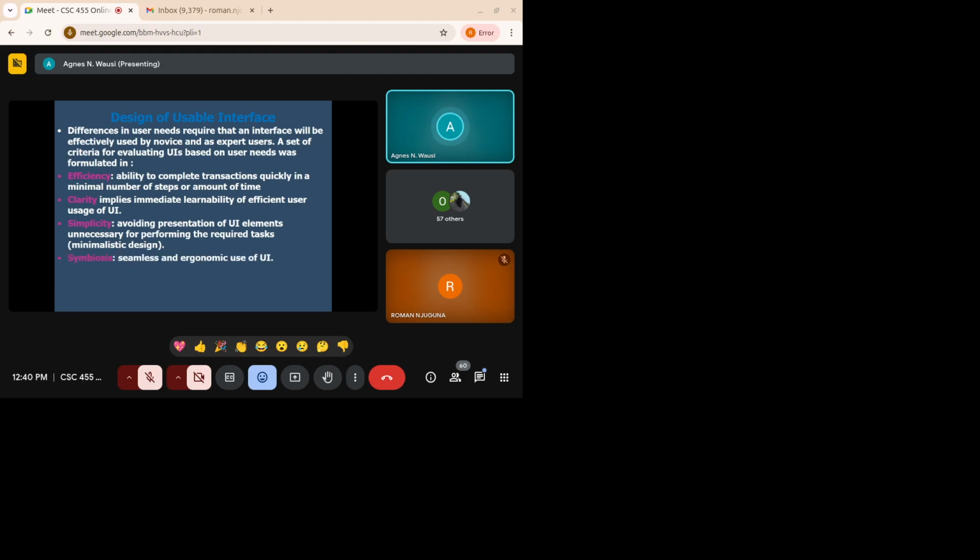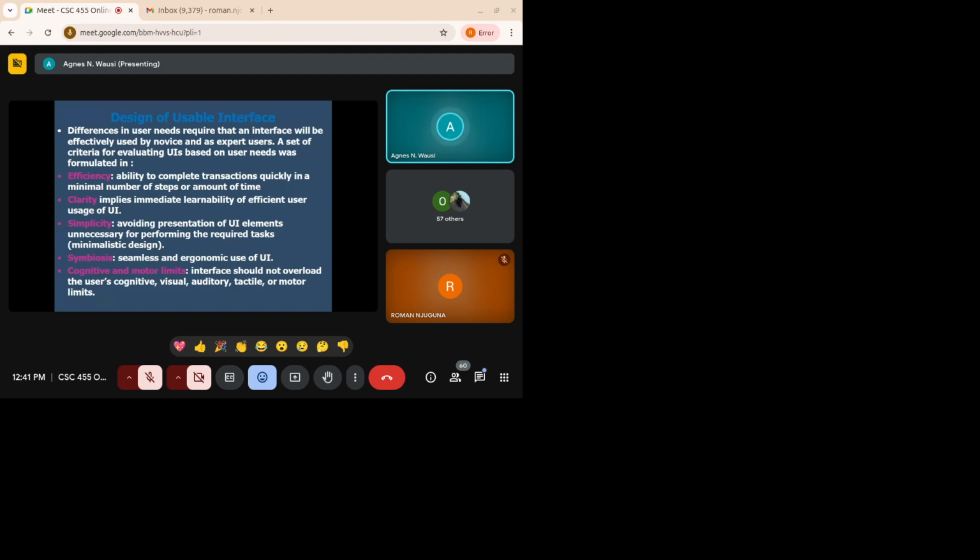So some of the important needs are efficiency. Efficiency is how quickly, with how many steps, we are able to complete the transaction. Then clarity, which implies immediate learnability. You don't need to start looking for a manual on how to use it. Then simplicity: the elements you have presented in your user interface should be simple, so that you are not overcrowding the small screen with so many things.